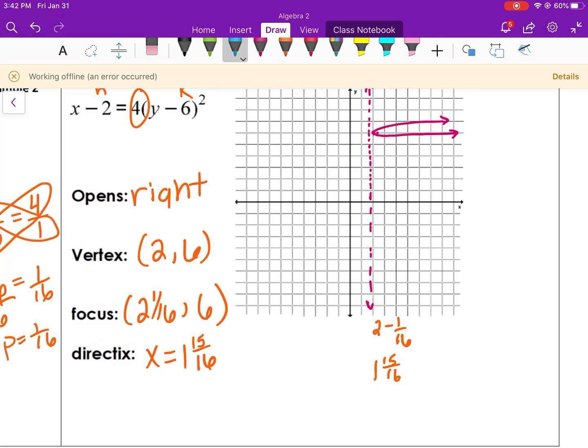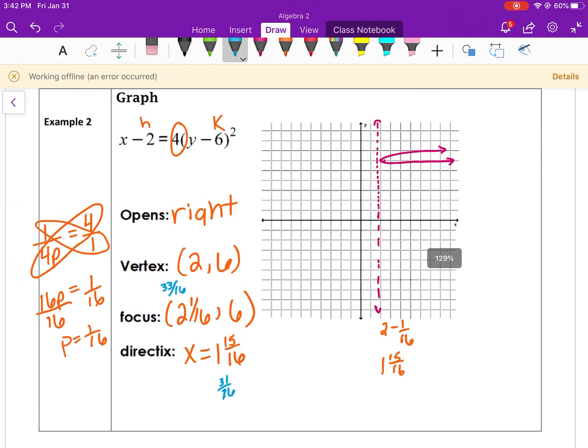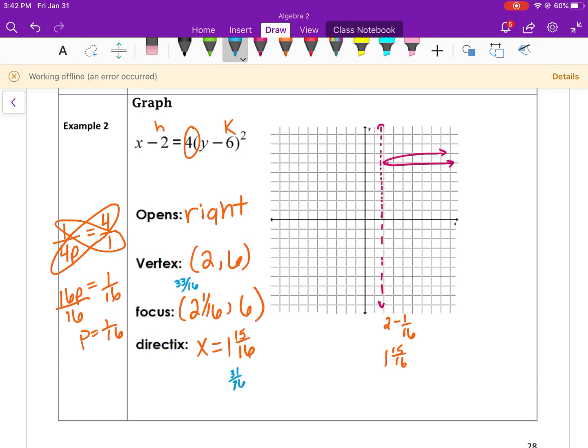You could put that in an improper fraction instead, like 33/16 and 31/16, if you'd prefer improper fractions instead of mixed numbers. All right, that's it for example 2. So very narrow there. We did our best to sketch the graph.